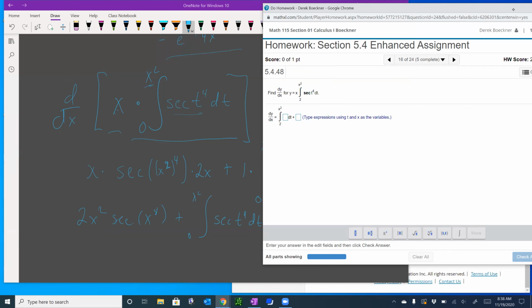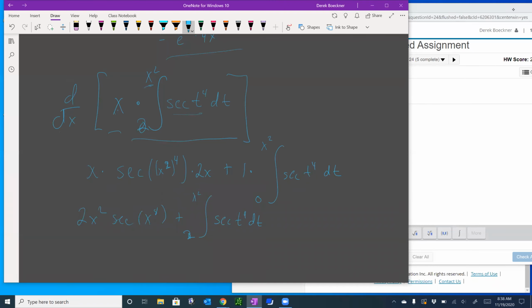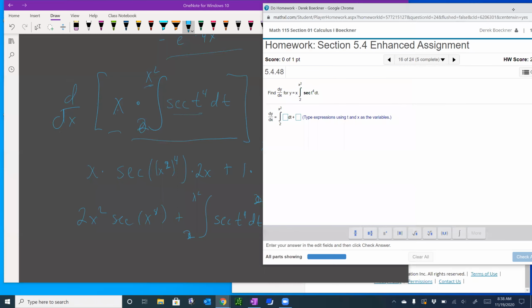Oh, these are starting at 2. Doesn't matter. That's just the constant bit. And when you take derivatives of constants, they don't change.